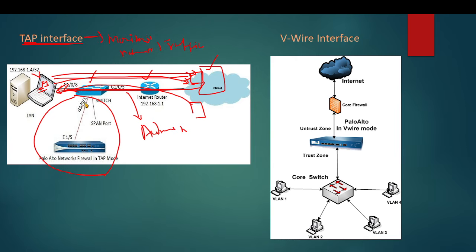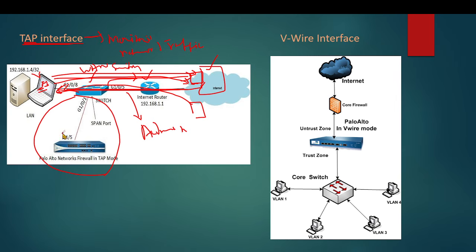How it works: whatever switch is available in your network is sending your traffic. Let's assume this is a WAN switch, where your traffic comes and goes out. For that switch we are going to connect the firewall with a tap interface.